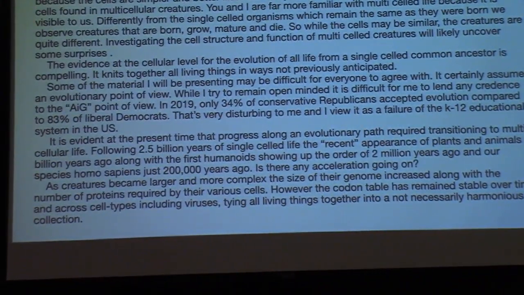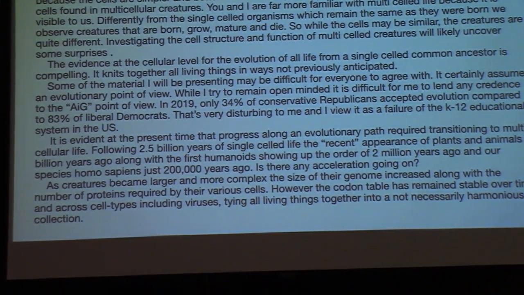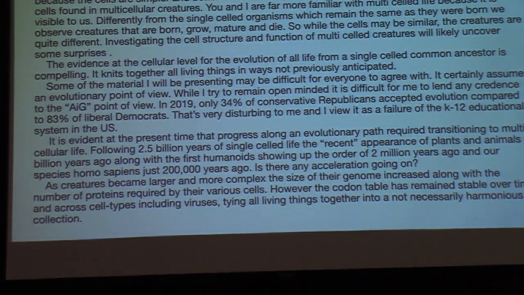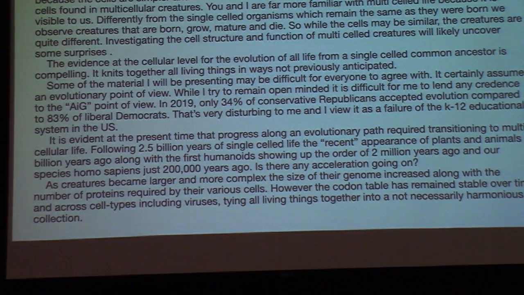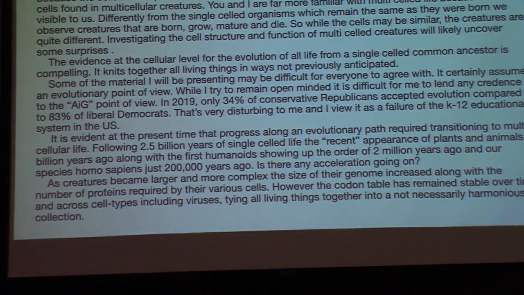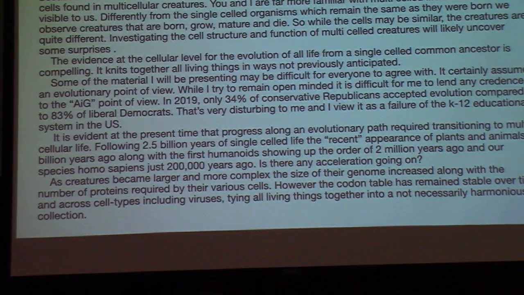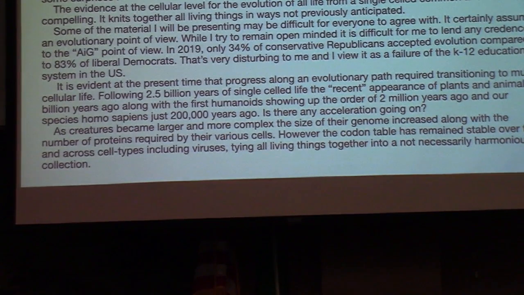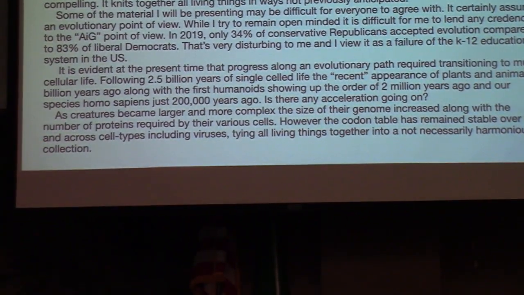Some of the material I'll be talking about might be difficult for everybody here to agree with. It will certainly assume a very clean and simple-minded evolutionary point of view. I try to remain open-minded, but it is difficult for me to lend any credence to what's called an AIG point of view. AIG stands for Answers in Genesis.